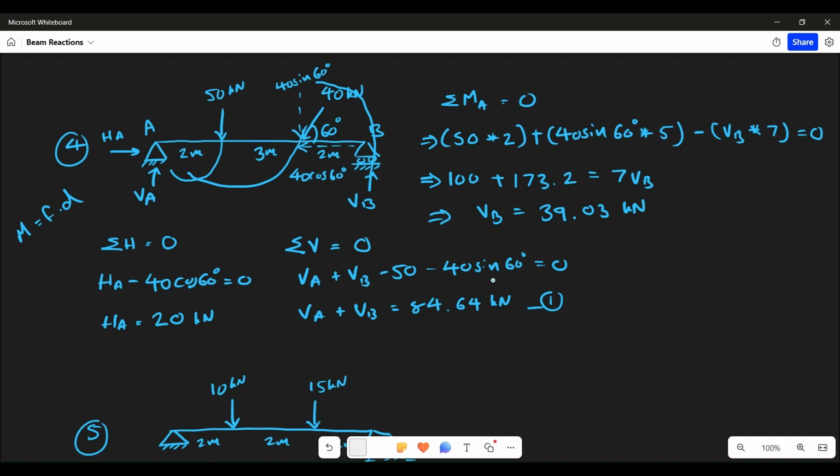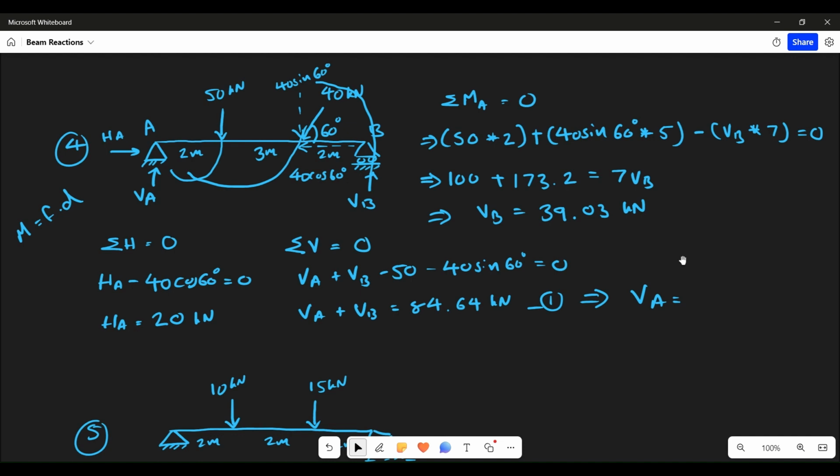Okay. Now we will put this VB into equation 1 and take it to the other side and subtract it from 84.64. So VA is 84.64 minus 39.03.